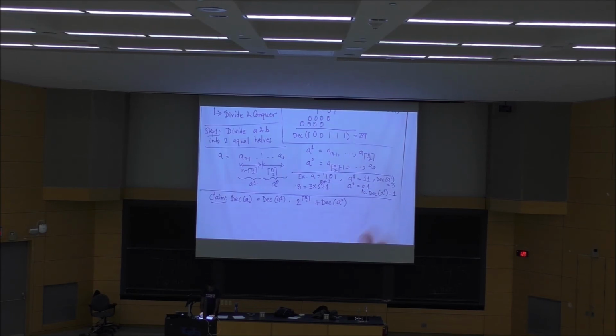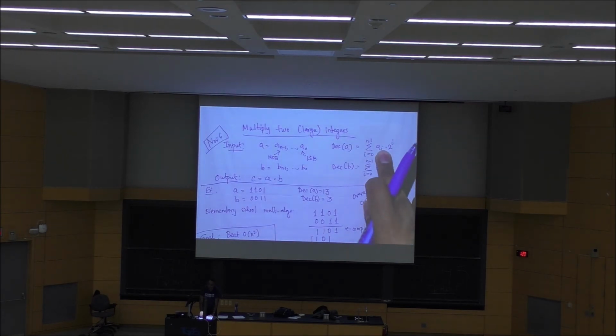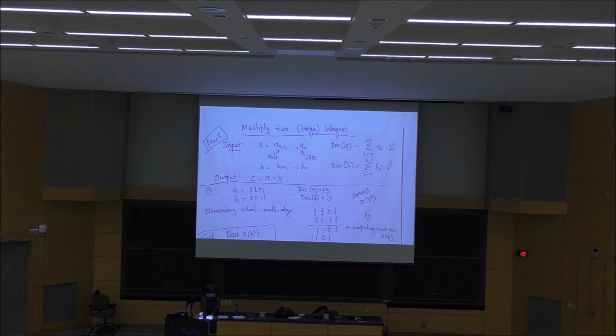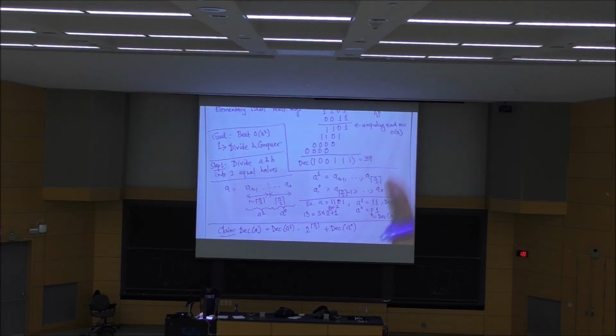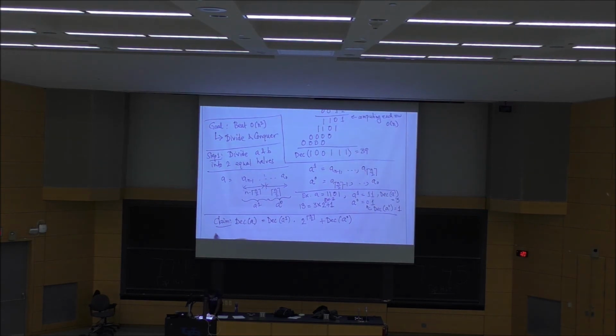It's not that hard. We just have to use our definition of the decimal equivalent and do some simple symbolic manipulations. The first thing to note is the decimal equivalent of A1: if this were the least significant bit of A1 and this is the most significant bit of A1, what is the corresponding decimal value?